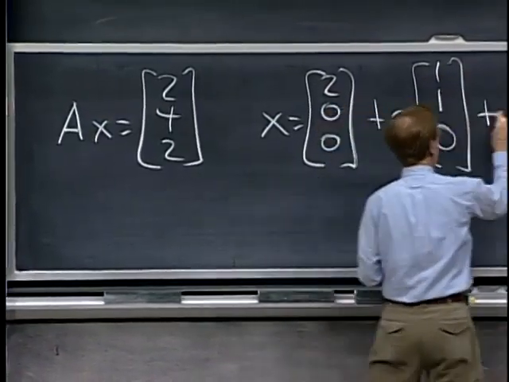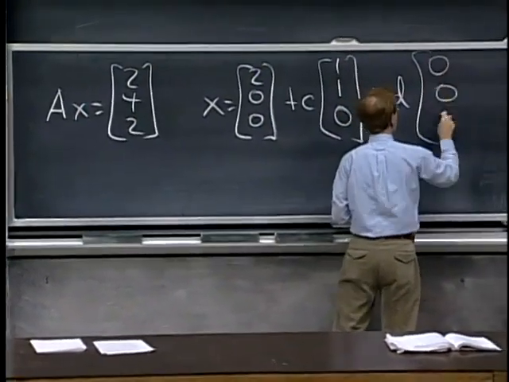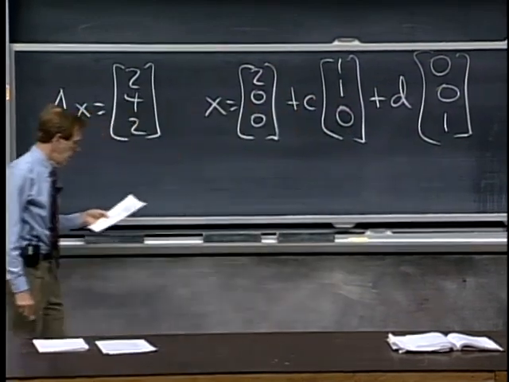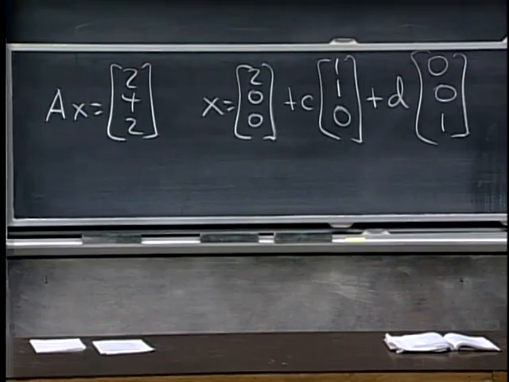And there's another vector 0, 0, 1. Okay? All right, my first question is, what's the dimension of the row space of the matrix A?